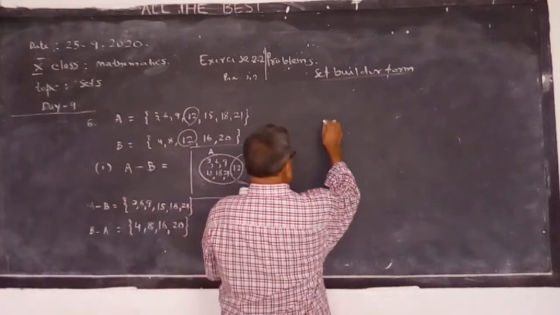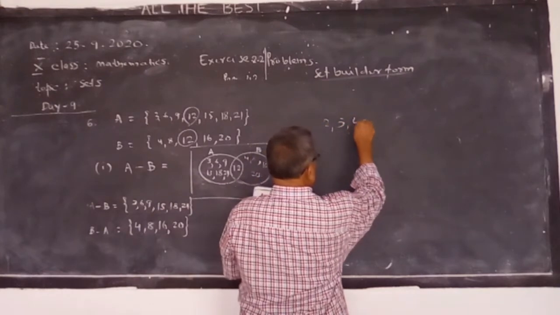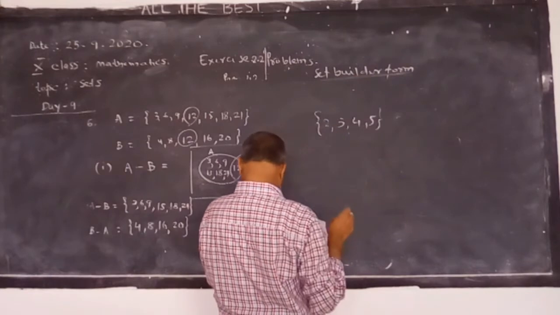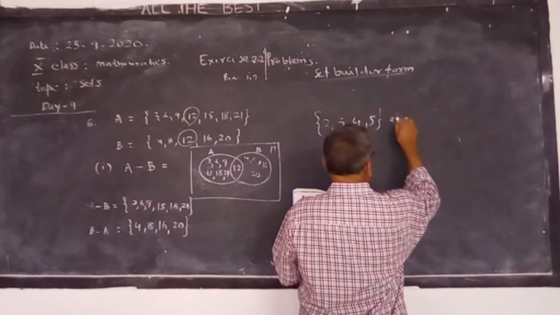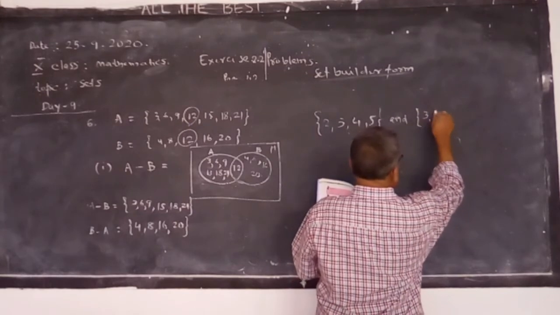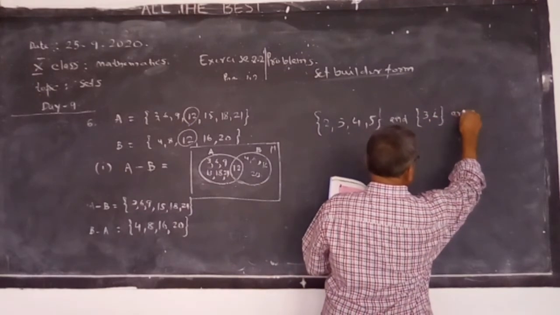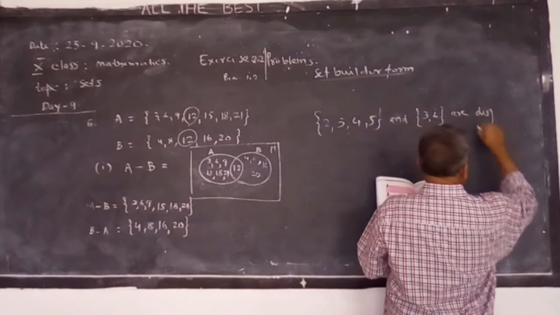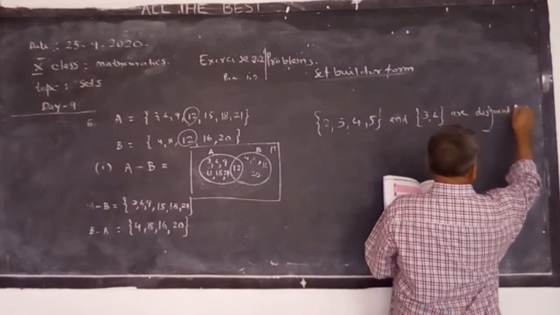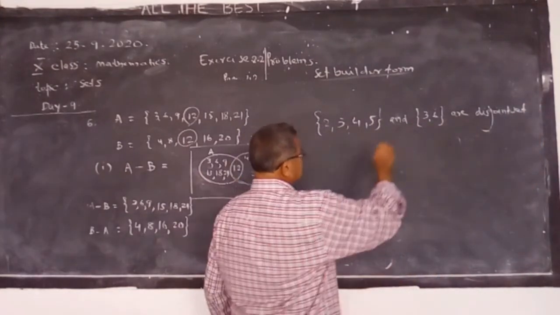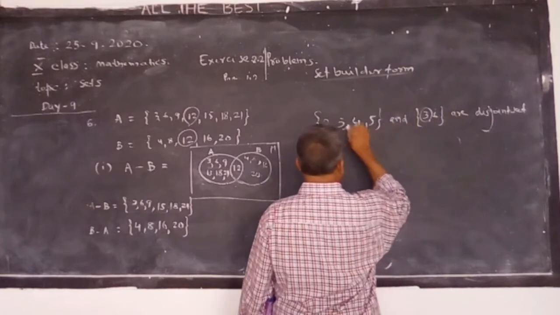First: the sets {2, 3, 4, 5} and {3, 6} are disjoint sets. But we have a common element, 3.